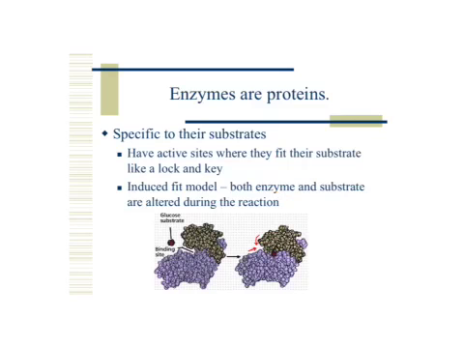So as the substrate, in this case glucose, comes in and interacts with the enzyme, this large blobby thing is the enzyme, it interacts here at the active site or the binding site. After it's interacting, the enzyme actually begins to change shape as well as the substrate being affected. So they both affect each other in the reaction. That's the more recent model. It's not just a lock and key, it's a lock and key that can be molded.